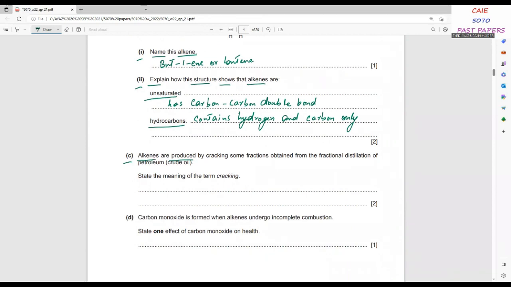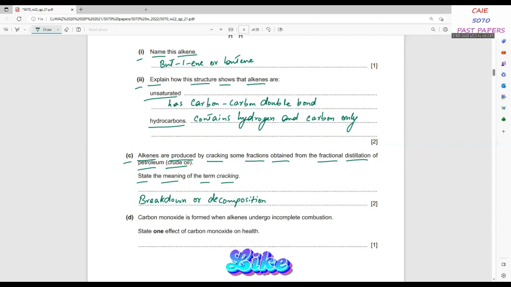C. Alkenes are produced by cracking some fractions obtained from the fractional distillation of petroleum, crude oil. State the meaning of the term cracking. Cracking means breakdown or decomposition. During cracking, we crack long chain alkanes to get smaller hydrocarbons.